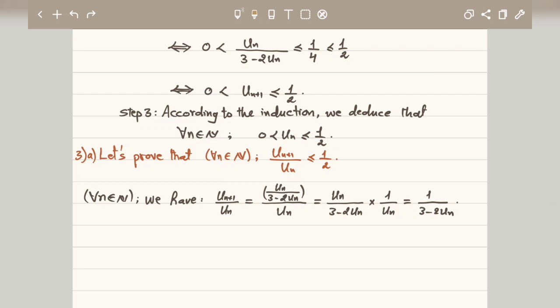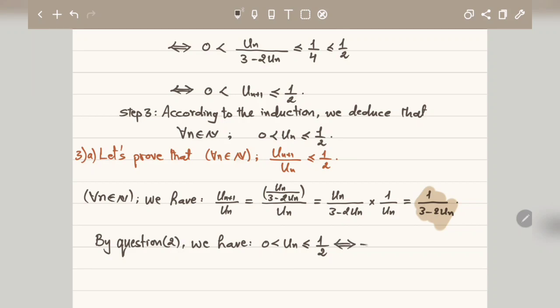Then by using question 2, we try to find the frame of 1 over 3 minus 2un, which is un+1 over un. By question 2, we have 0 smaller than un, smaller than or equal to 1/2. If and only if we multiply by -2, we get -1 smaller than or equal to -2un, smaller than 0.